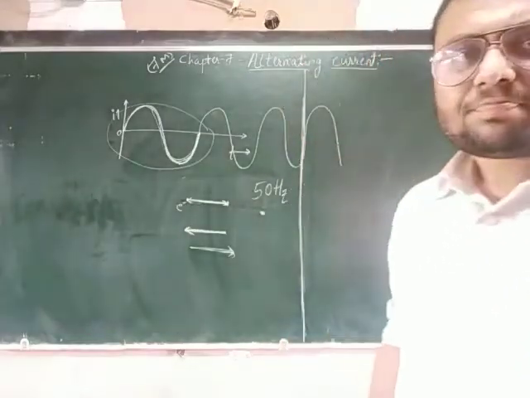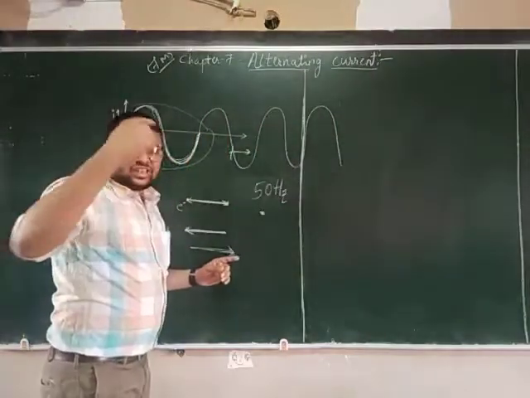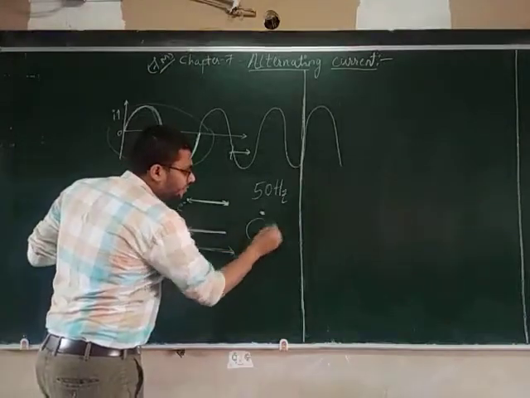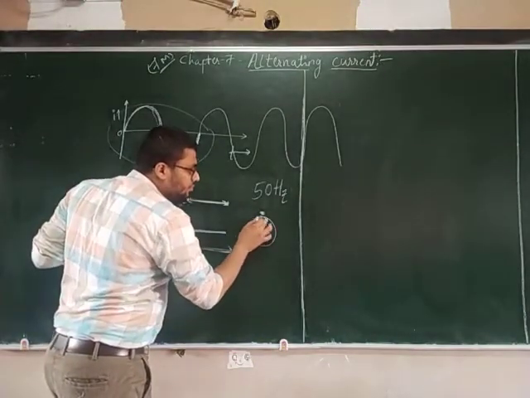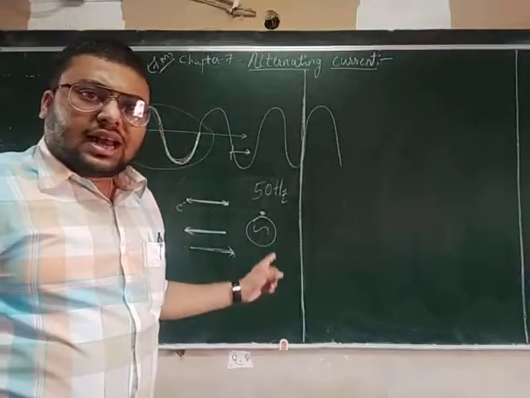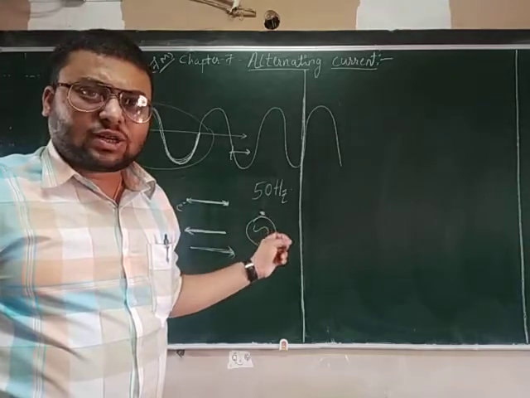Okay, right. And here, look, the AC voltage, alternating voltage source will be indicated with this symbol. In the laboratory, you can observe ammeter and voltmeter.